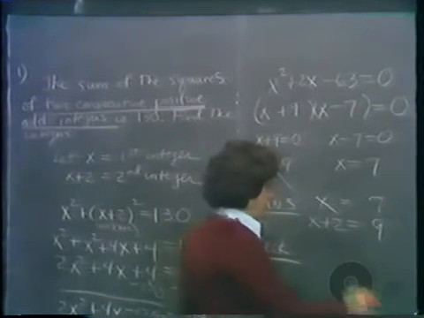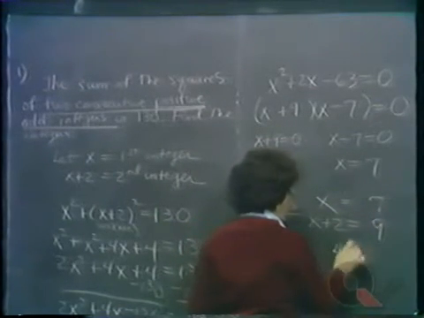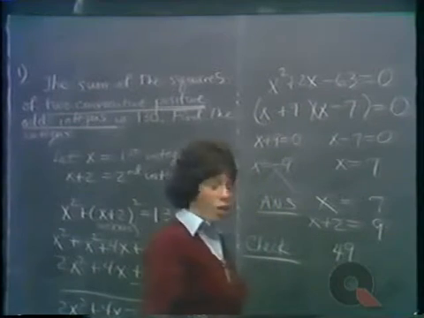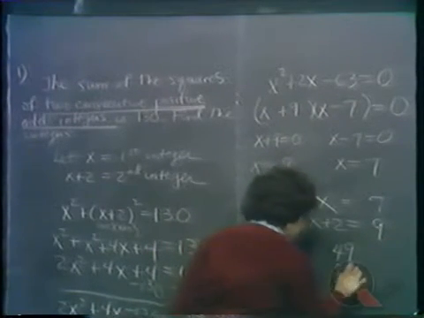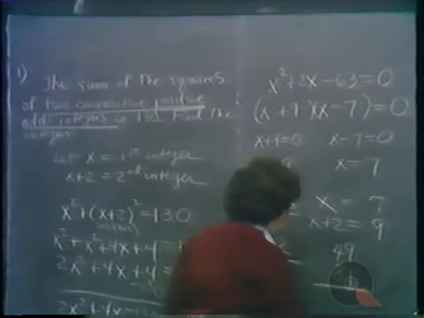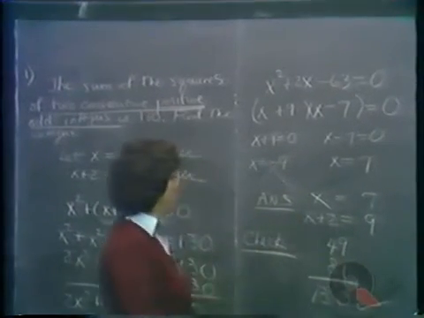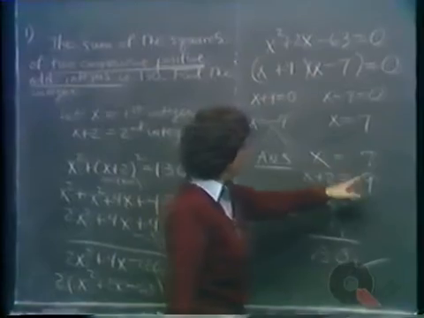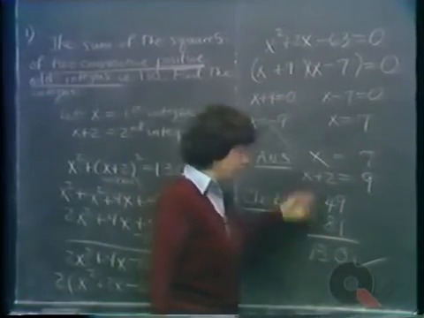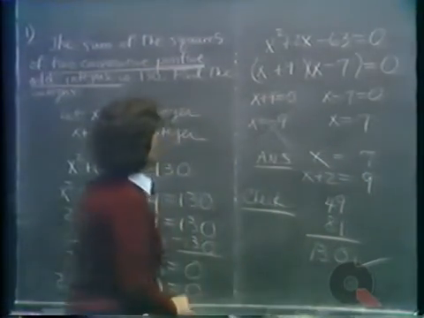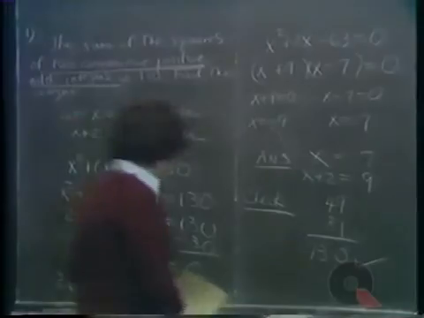Well, the first one is 7. When you square it, you would get 49. The second one is 9. Squared, you get 81. And when you add them up, you do get 130. Okay, so we have found two consecutive positive odd integers, the sum of whose squares is 130. So we've completed the first problem.